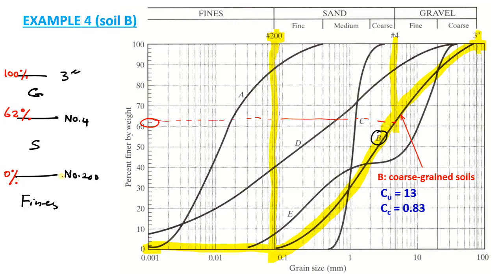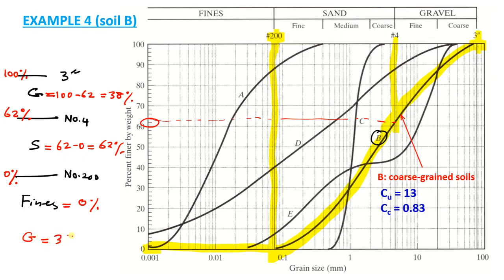Because fines are now 0%, there is no need to carry out liquid limit and plastic limit tests. So gravel is going to be 100 minus 62, which is equal to 38%. Sands are 62 minus 0, which is 62%, and fines are 0%. So here is the summary.